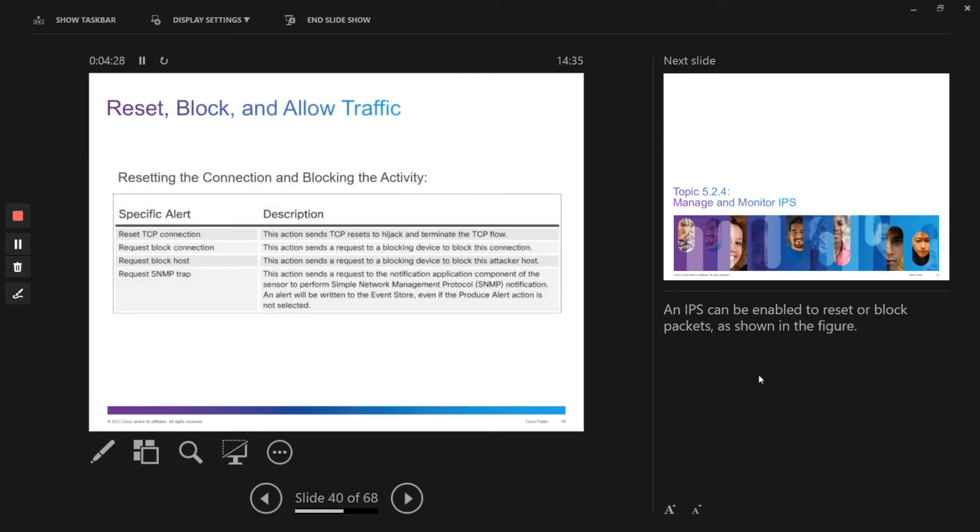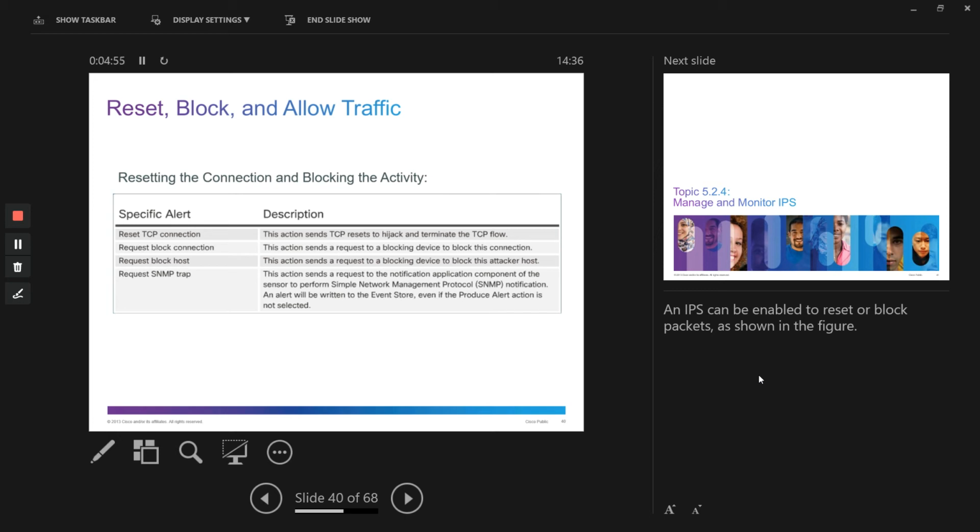Looking at the next one, we have something called resetting the connection and blocking the activity. In this one we have reset TCP connection, request block connection, request block host, and request SNMP trap. Reset TCP connection simply means this action sends a TCP reset to hijack and terminate the TCP flow.